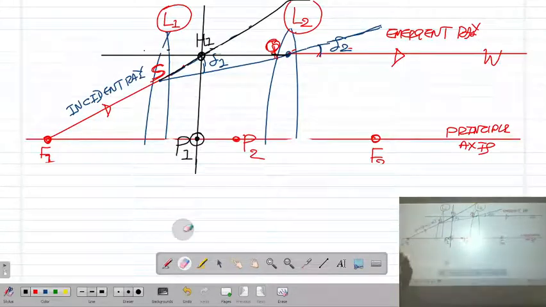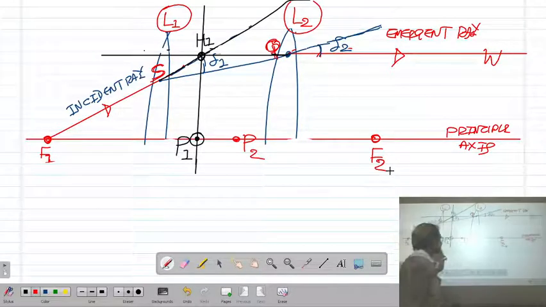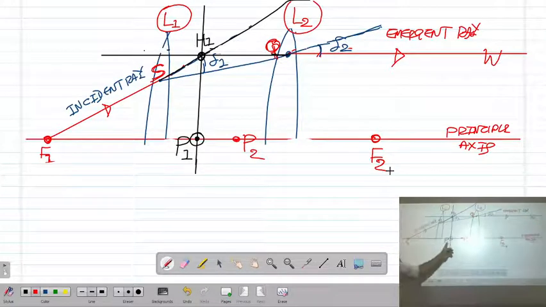So in short, we have defined 4 points today: first focal point F1, second focal point F2, first principal point P1 and second principal point P2.